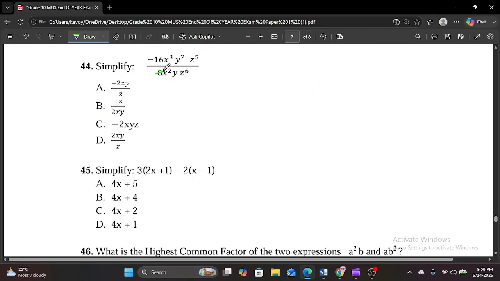How many times can 8 squared go into 16x cubed? We'll be left with negative 2. So 8 divided by 16, you'll be left with negative 2.